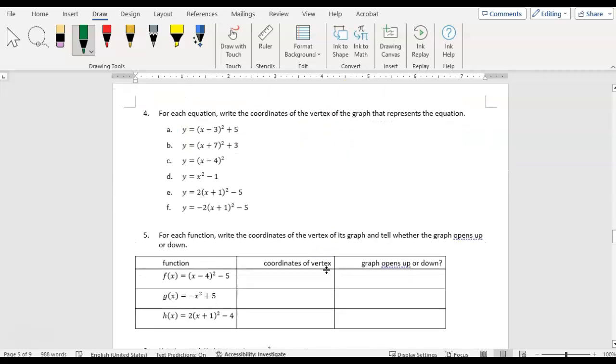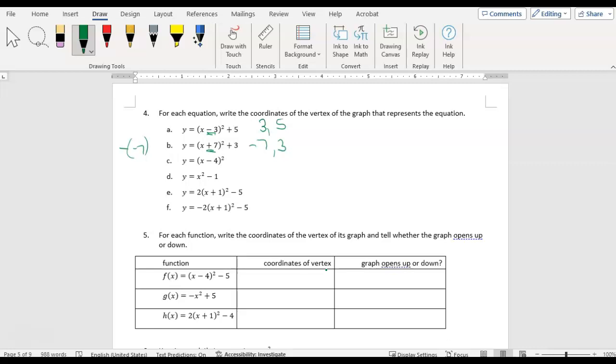For number 4, it says, write the coordinates of the vertex given this equation. So I'm going to model the first couple, but then I want you to try some on your own. So this one would be (3, 5). This one, because it's plus 7, would be minus -7. So this is (-7, 3). This one is very interesting, right?